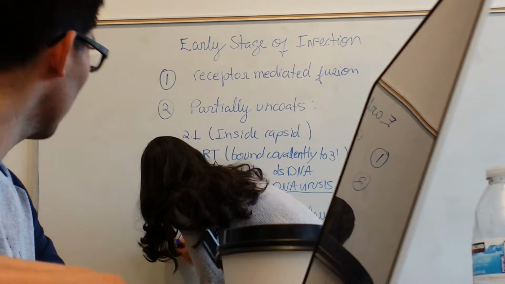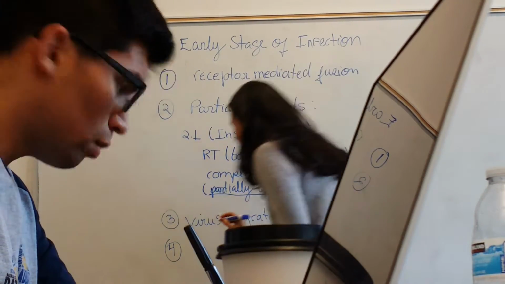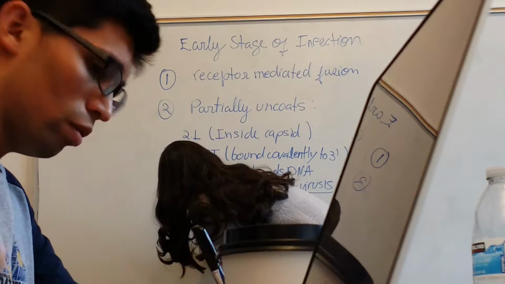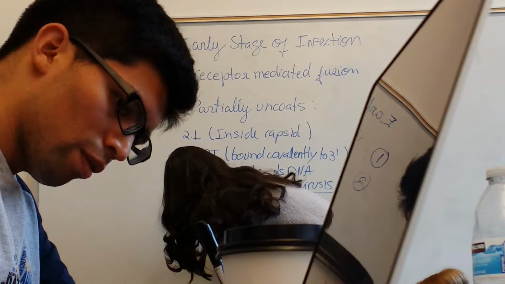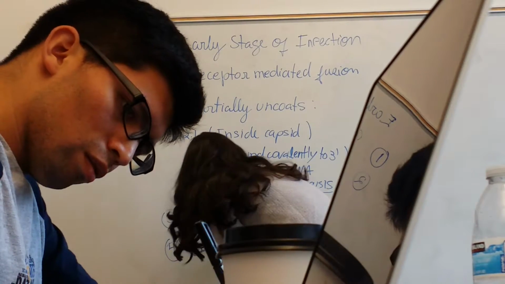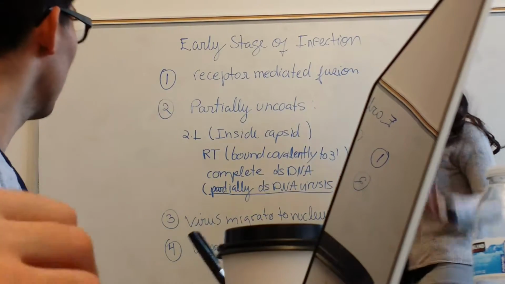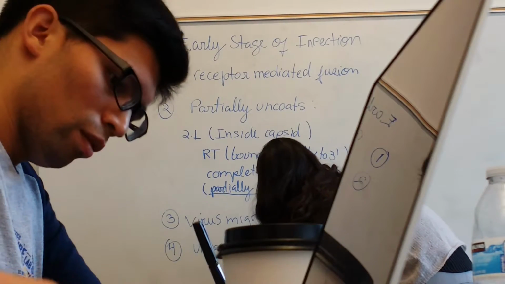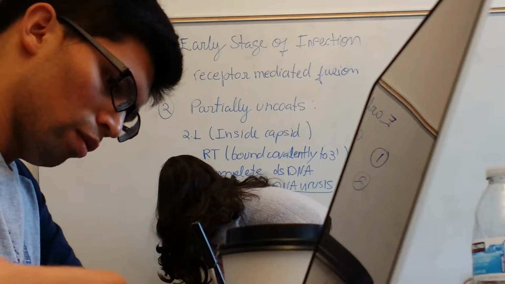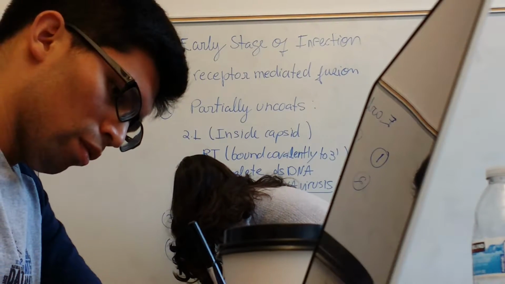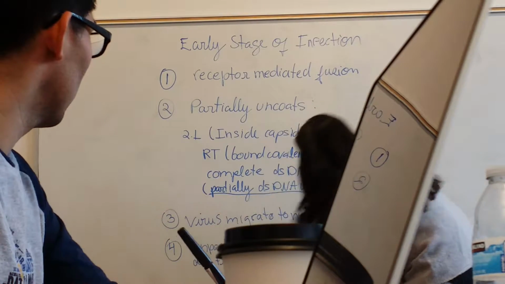Number 4, in the nucleus, it unpacks and how many messenger RNAs are transcribed? 4. 4 messenger RNAs are transcribed using what?